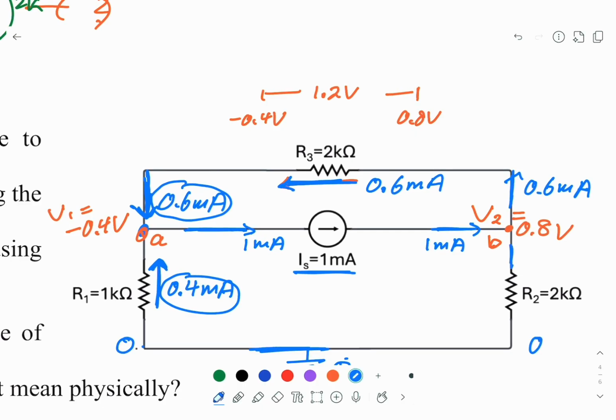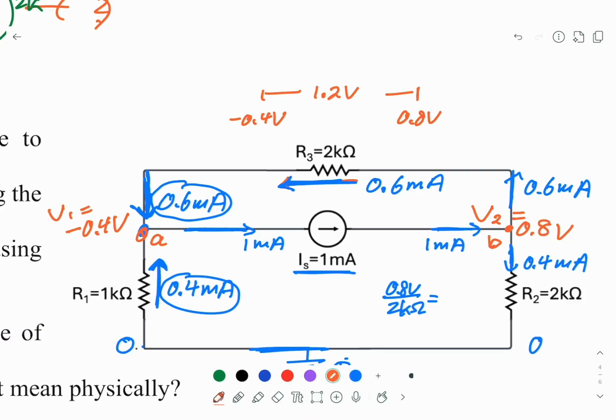Now let's calculate the current passing through R2. The current should be 0.8 divided by 2K ohm, of course. And you will find this one is 0.4 milliamp.